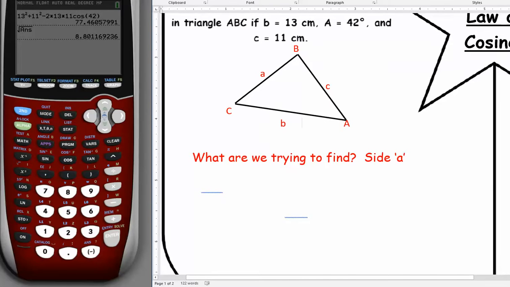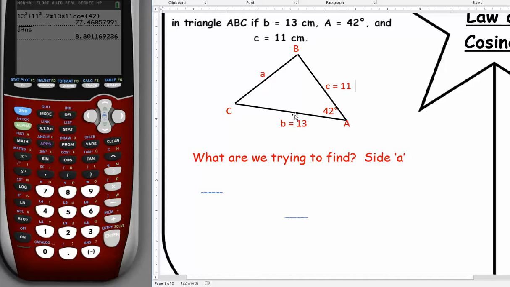So we have little b, which equals 13 centimeters. And we have angle A equaling 42 degrees. And finally C equaling 11 centimeters.